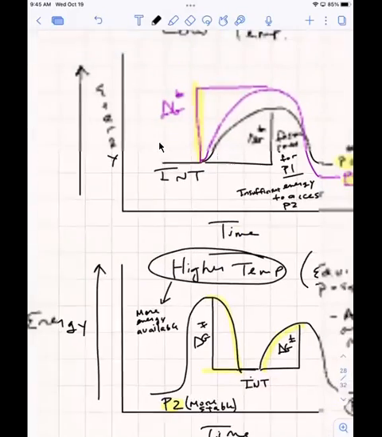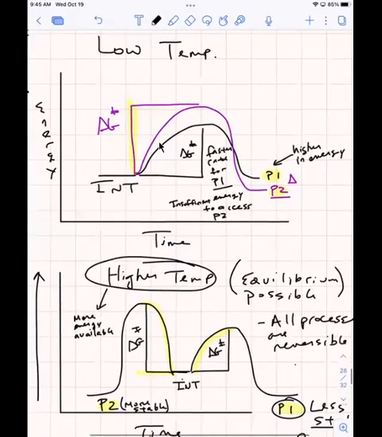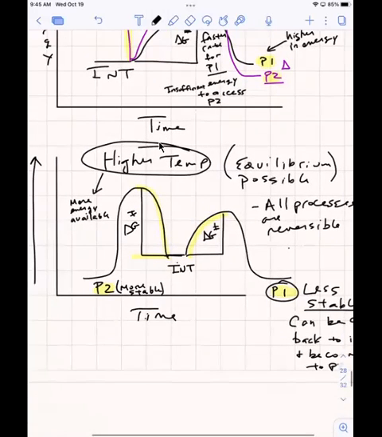Because up top, remember we said that the reason P2 wasn't accessed as readily is because at low temperature, there's less energy. So it's harder to get over that activation barrier. But when you increase the temperature, you add more energy to the system, right? And so that means that the activation barrier is less of an issue.